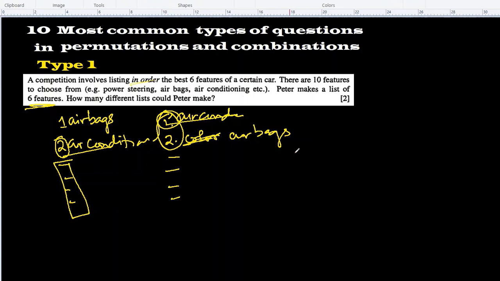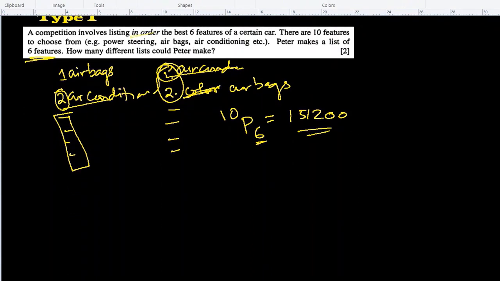That means in such a case when order is important, we use permutation P. So there are 10 features to choose from and 6 in order. So 10P6 will be the answer. If we put this in a calculator, the solution comes out to be 151,200.